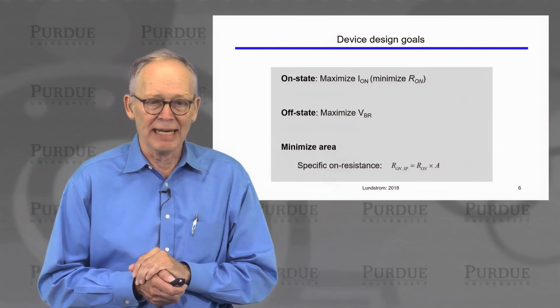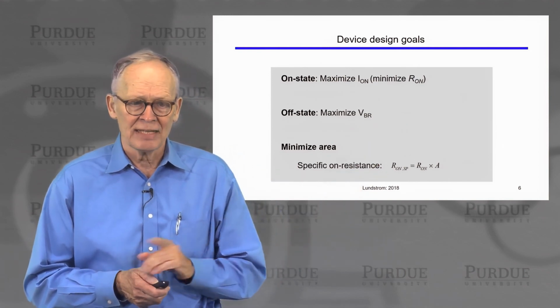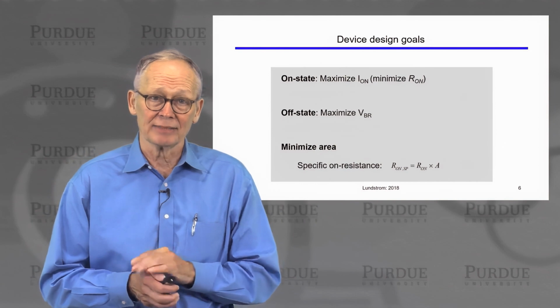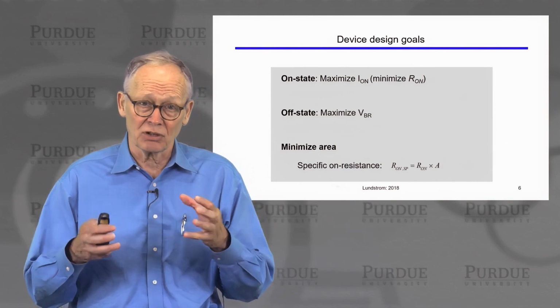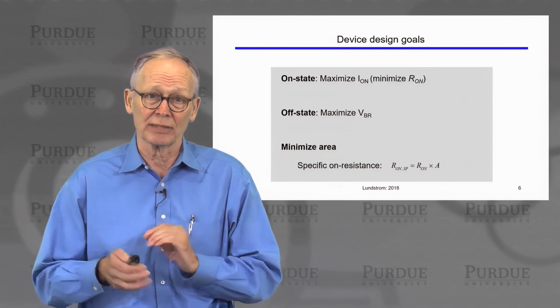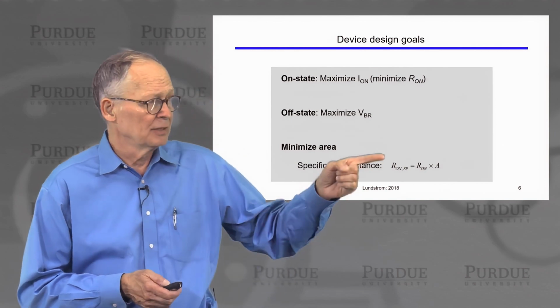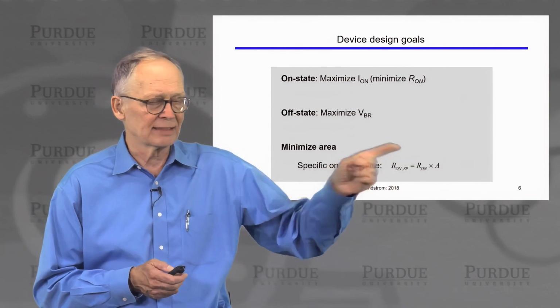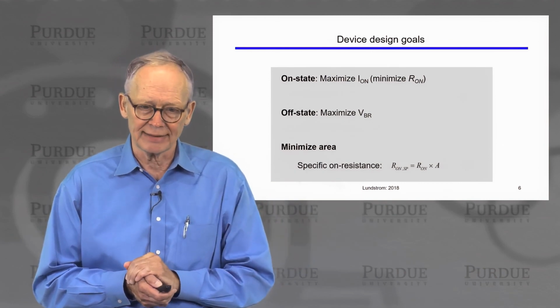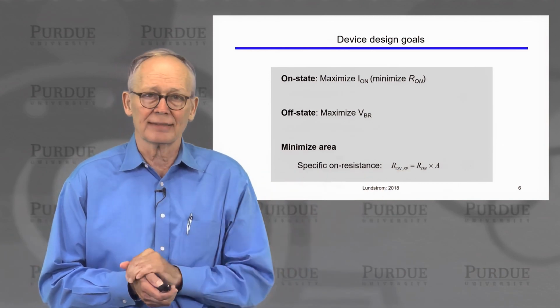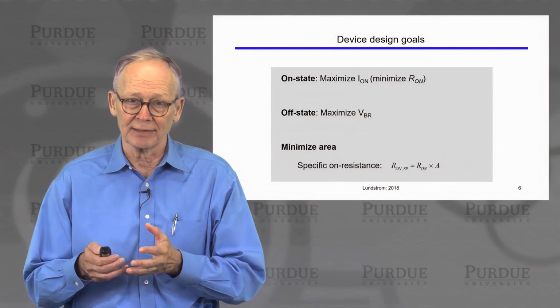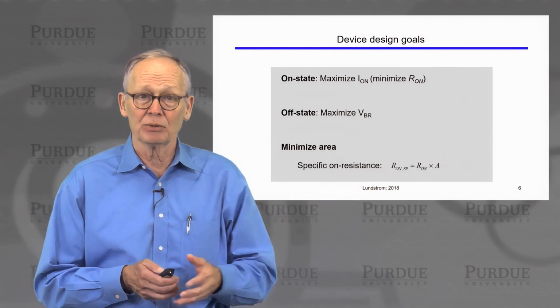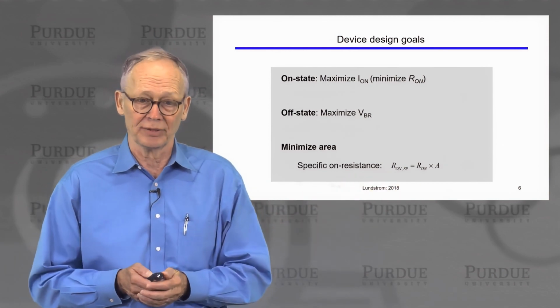We would like to maximize the breakdown voltage, and we'd like to minimize the area, because the larger the area, the more the cost of the silicon die or whatever semiconductor we're using. So what's going to be important to us is something we'll call the specific on resistance, which is the product of the resistance times the area. We'd like the resistance to be low, and we'd like the area to be low, both of them.